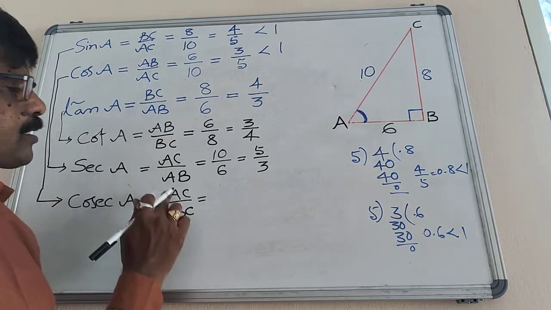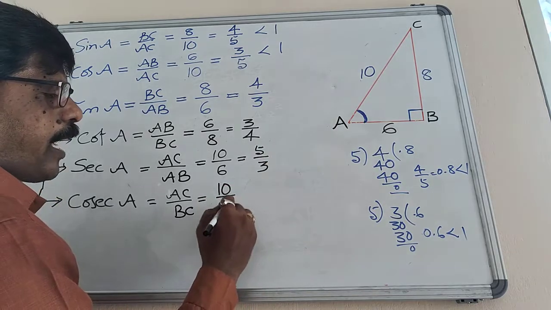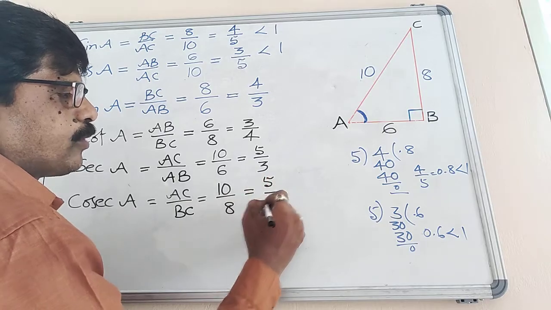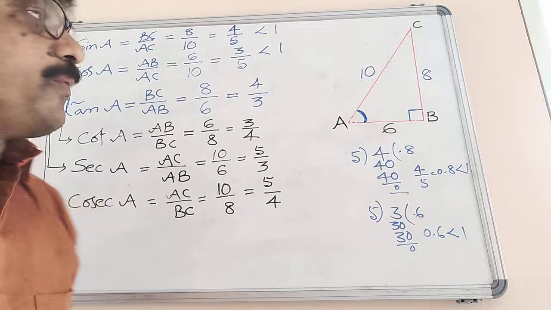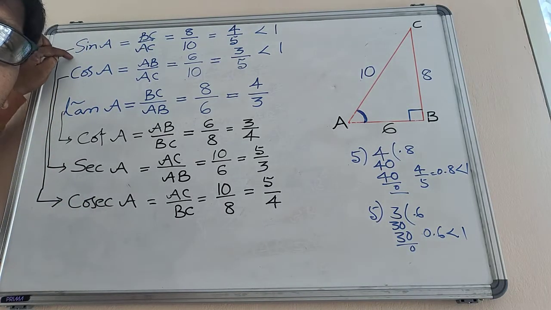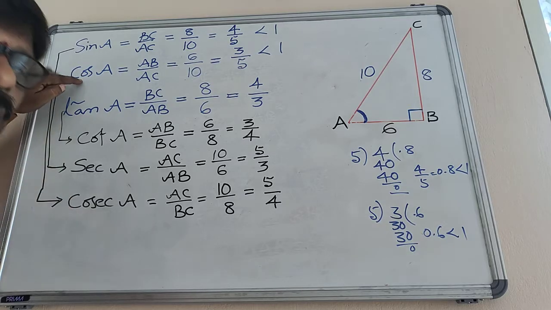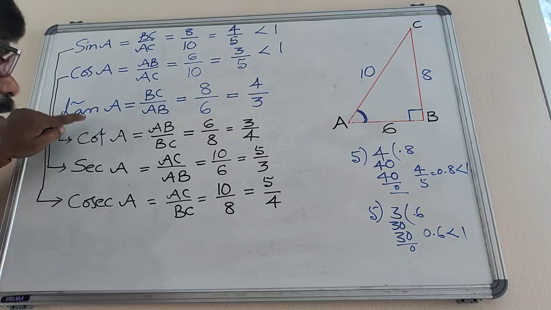That is equal, AC value is 10, BC value is 8. It will be 2 5s are 10, 2 4s are 8. Clear? Now that means the reciprocal of sine is cosecant. The reciprocal of cos is secant. The reciprocal of tan is cot.